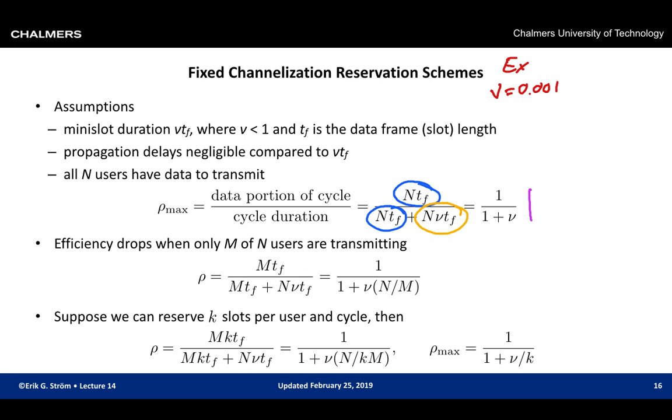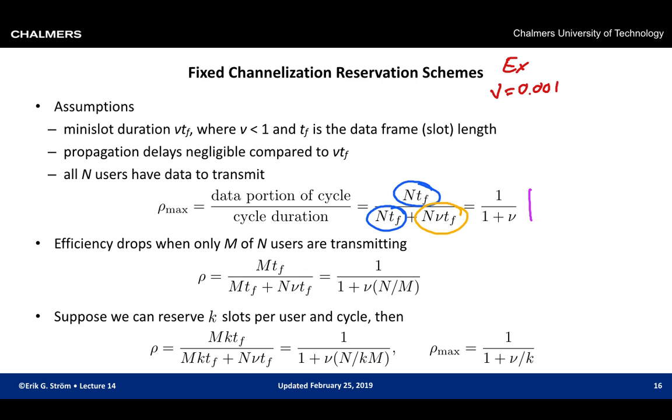So in such a situation with a very small nu, when all users are actually using the channel and the propagation delays are negligible compared to the mini slot time, this is a very good scheme. If it's not like that, maybe the scheme is not great. The first thing we can see is that efficiency drops when only m out of n users are using the channel.